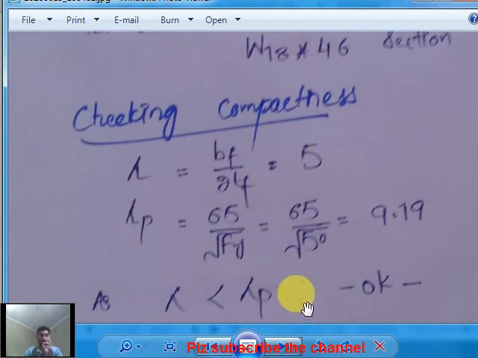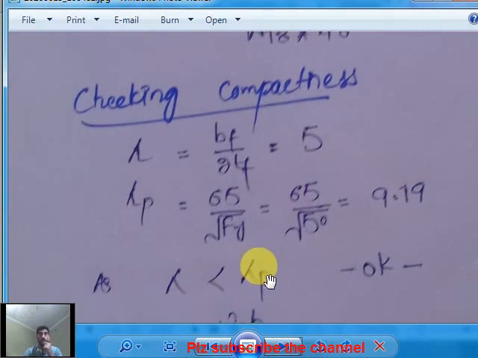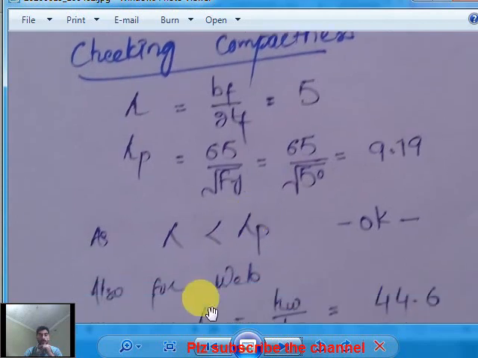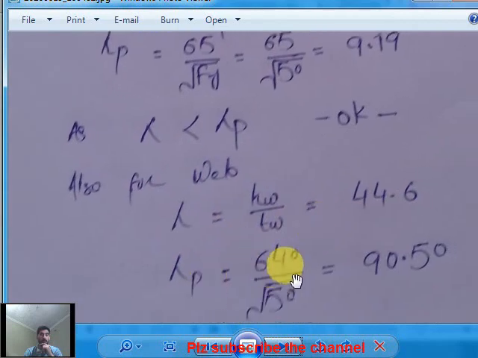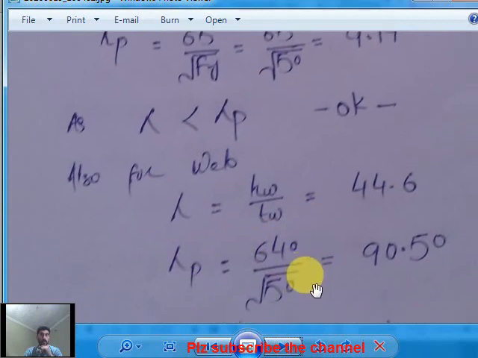If lambda is greater than lambda p, this means your flange will be non-compact. Clear? For the web, lambda is h by tw, which is 44.6. Lambda p for the web is 640 divided by root Fy. Clear? So this is how we get 90.50.